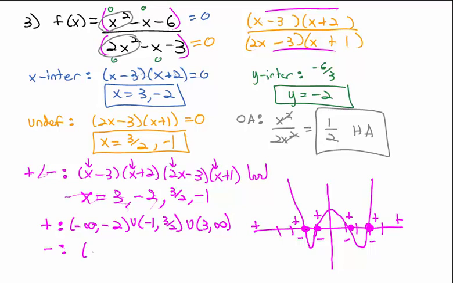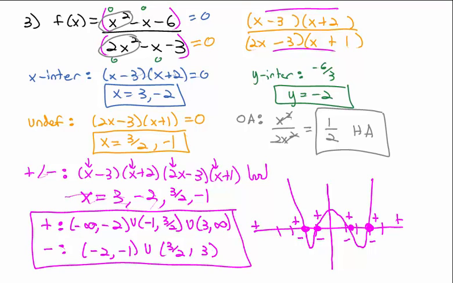It's negative in between there, from -2 to -1, union from 3/2 to 3. We have our 5 pieces of information. We now should be able to make this graph.